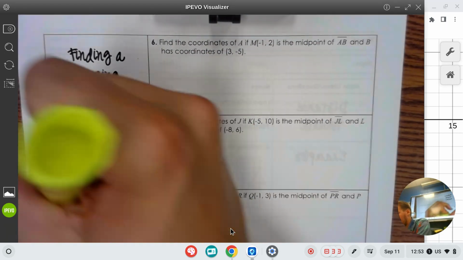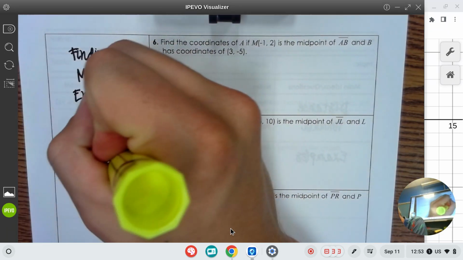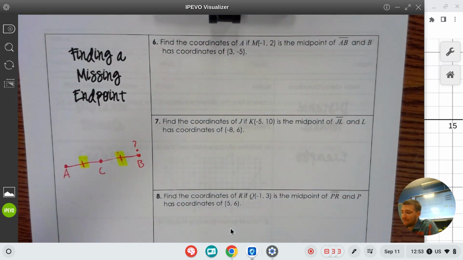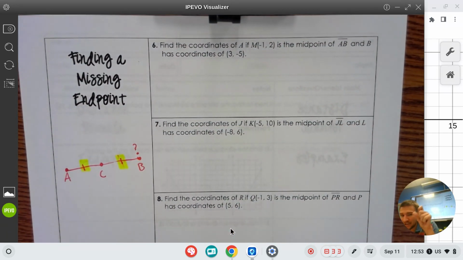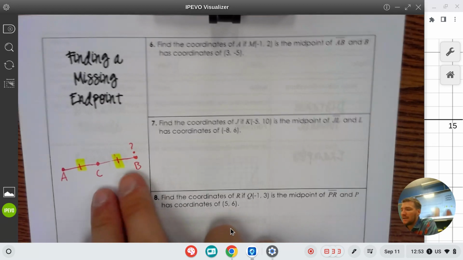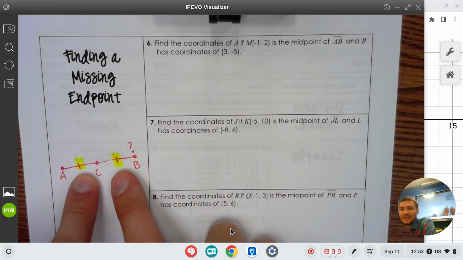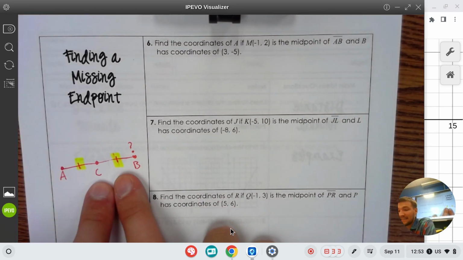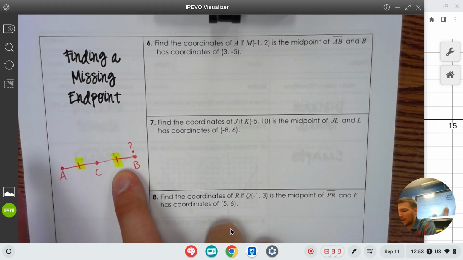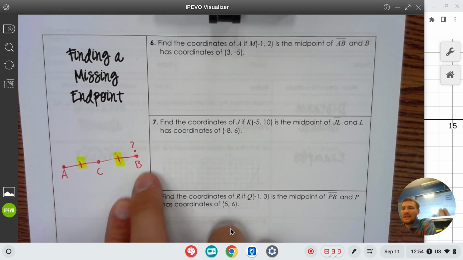You might want to refresh from last week that if we have these little hash marks, that is telling us that these are equal line segments. So C is guaranteed to be a midpoint in this drawing because of these hash marks. We're going to know one of them is an endpoint. We're going to know the other one's a midpoint, and we're not going to know where this lands.